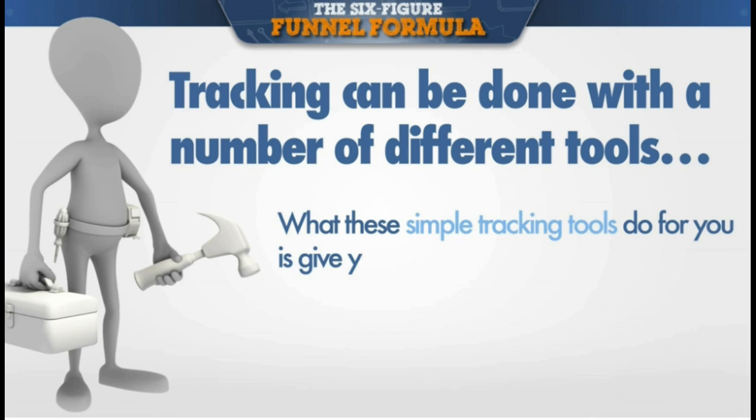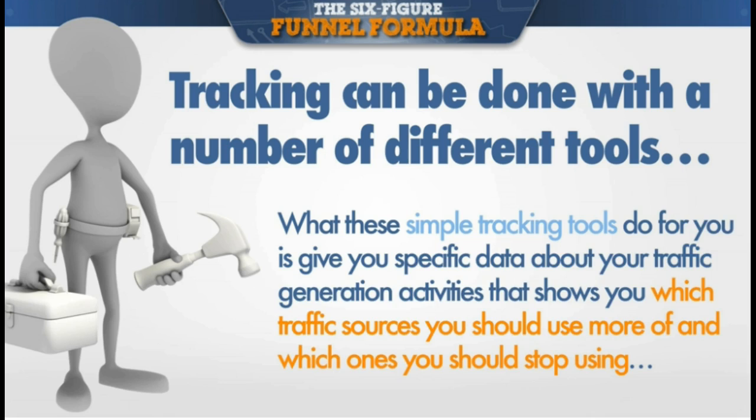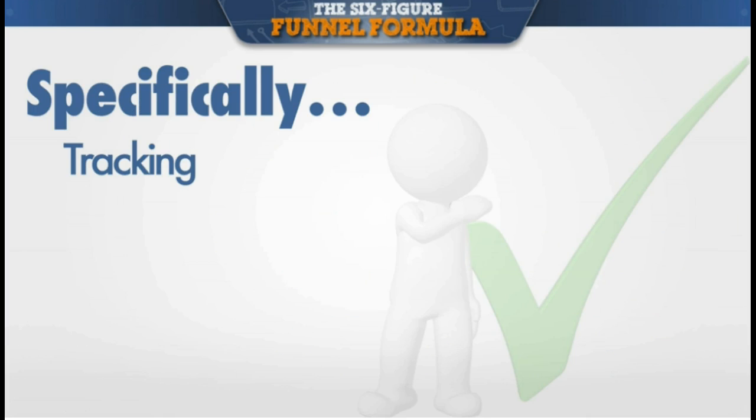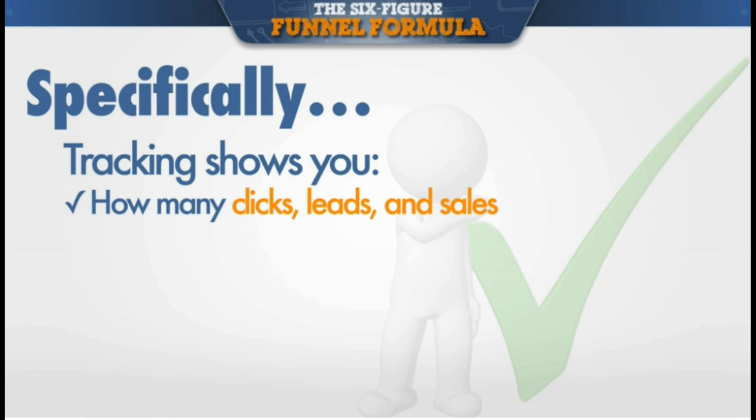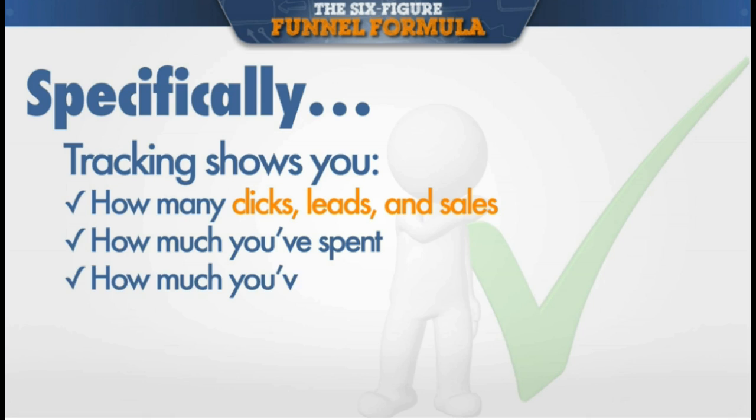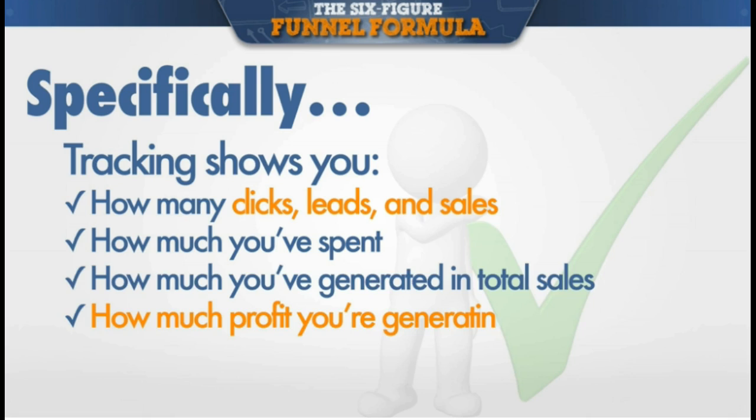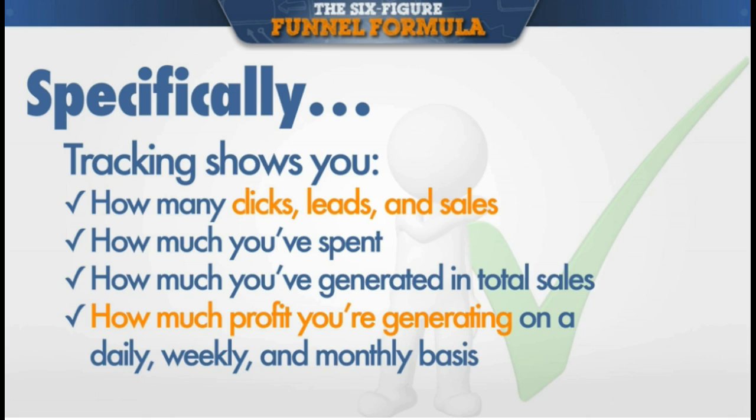In a nutshell, what these simple tracking tools do for you is give you specific data about your traffic generation activities that shows you which traffic sources you should use more of and which ones you should stop using, all based on profitability. Specifically, tracking shows you exactly how many clicks, leads, and sales a traffic source is bringing you, and how much you've spent, how much you've generated in total sales, and how much profit you're generating on a daily, weekly, and monthly basis.